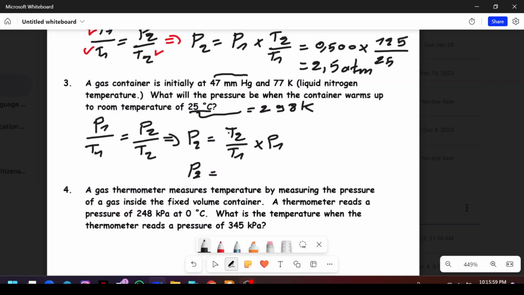The final pressure is 298 divided by 77 times the 47 millimeter of mercury. Calculating this, we have 298 divided by 77 times 47. So this gives 181.9 millimeter of mercury.